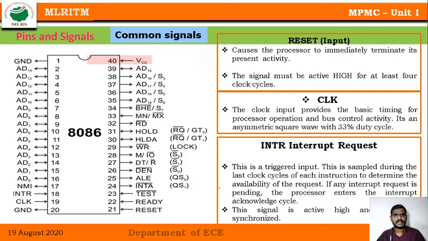So whenever an interrupt is raised through pin number 17, the processor stops the current execution and goes to service its interrupt request, so that after attending to that particular interrupt, it will come back to its original position and continue the corresponding task which was kept on hold earlier. So this NMI interrupt has the highest priority.